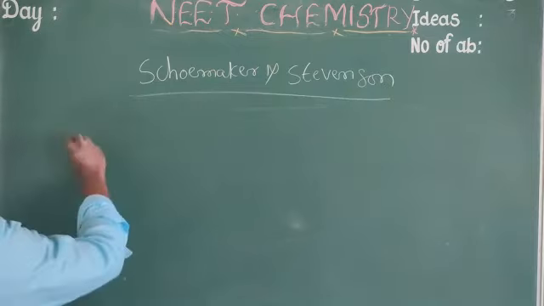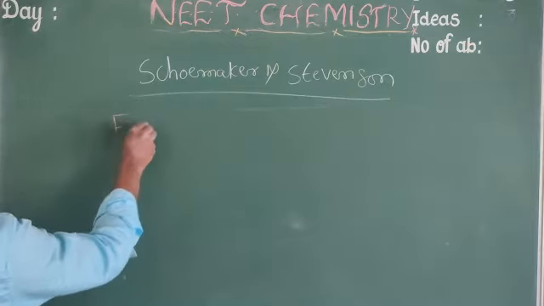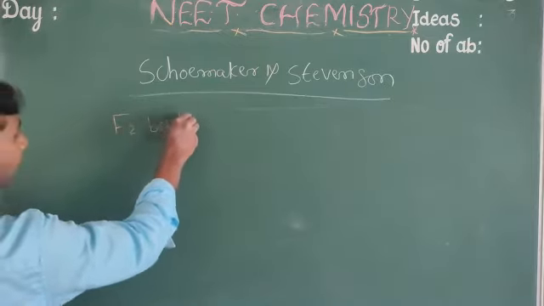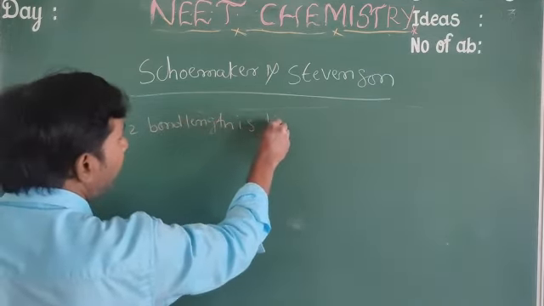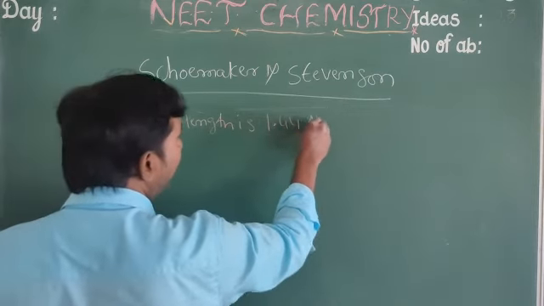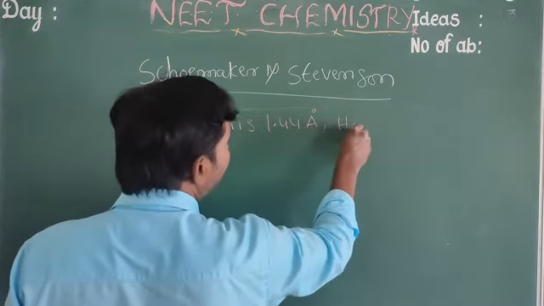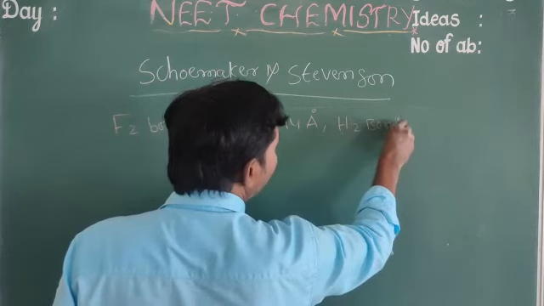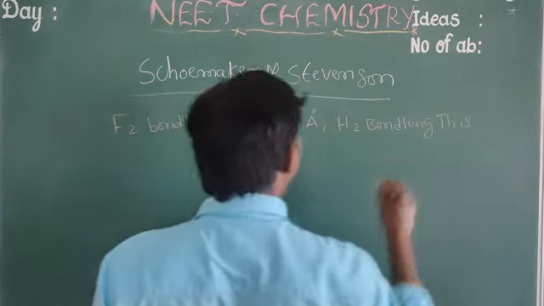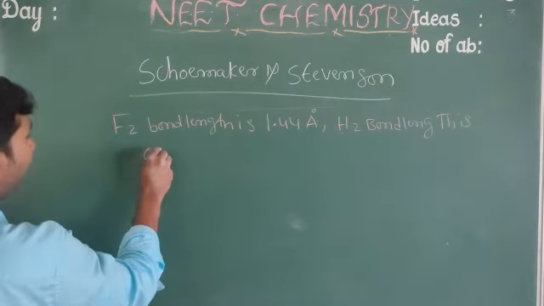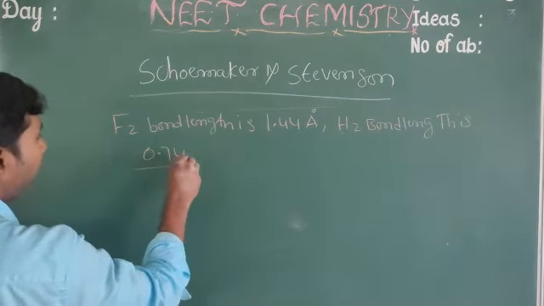If fluorine bond length is 1.44 angstroms, hydrogen bond length is 0.74.